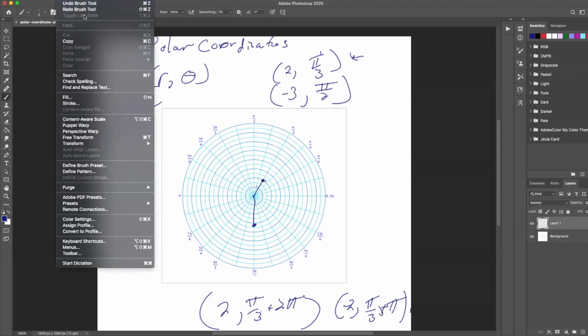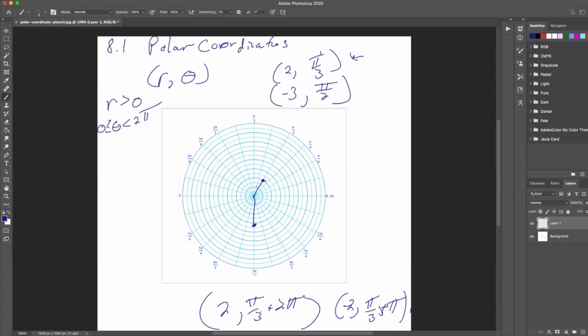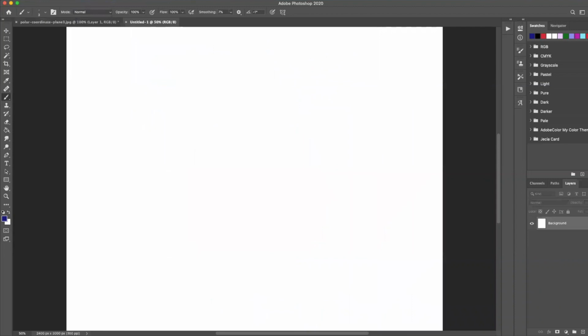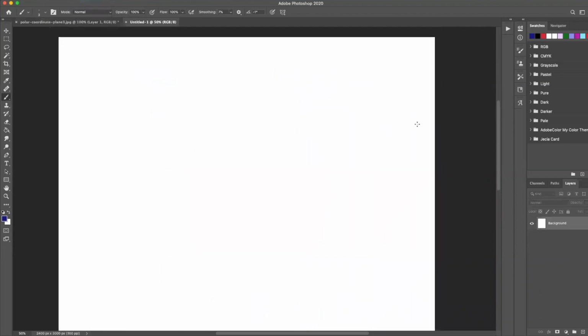Let me open up a new file real quick. There are ways to go between them. If I want to go from polar to rectangular, I use x equals r cosine theta, and y equals r sine theta.